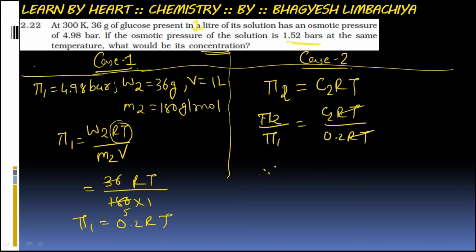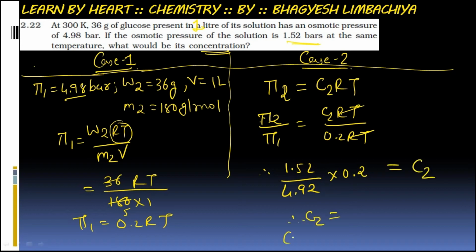So pi 2 is 1.52 divided by 4.98 multiplied by 0.2 into C2. So C2 will be, that is the molarity of solution, 0.061 molar.